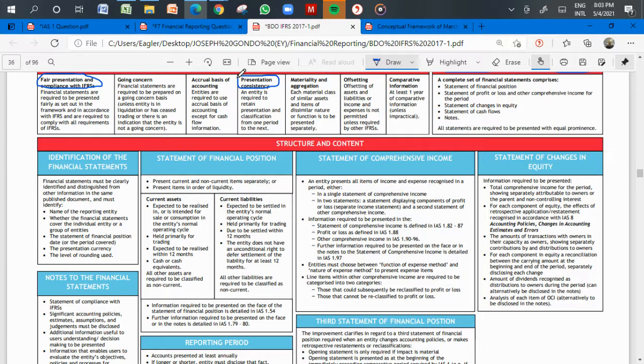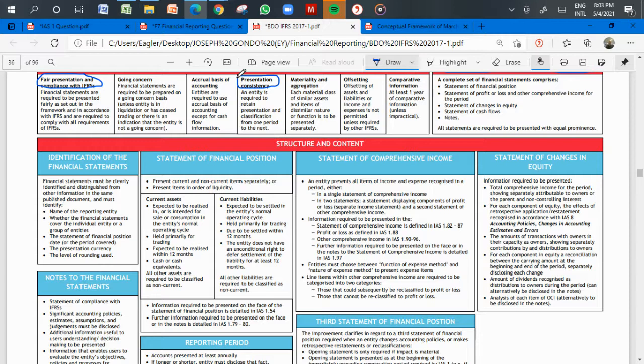Yes, the estimates we can change, but the policy, we don't normally change. Like let's say we are depreciating our assets using the straight line basis, we cannot just jump to say we are now measuring using the reducing balance or sum of digits or whatever other methods. That's what the requirement is talking about.